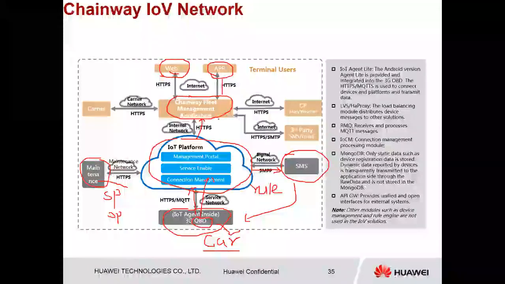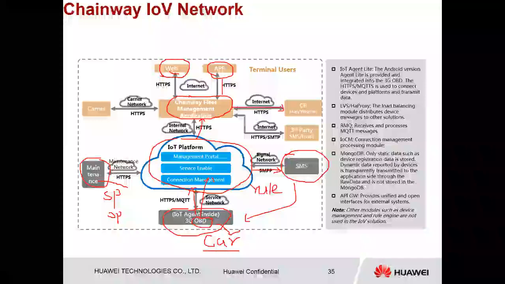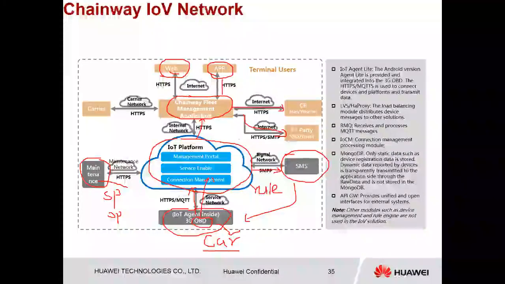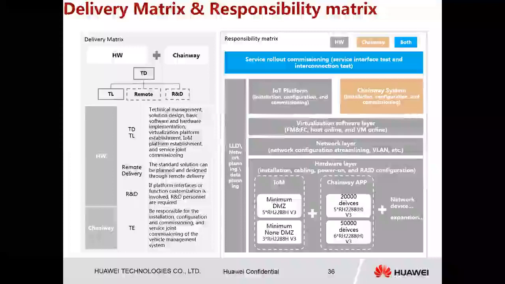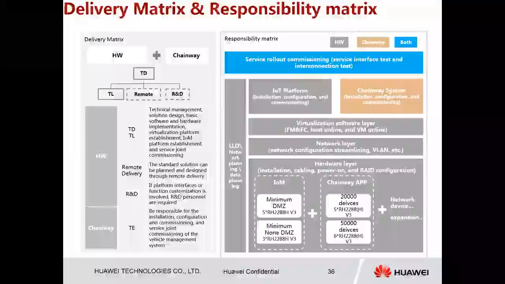It can also connect to content providers like the map and the weather, and it can connect to SMS and email. And this is the metrics and the responsibilities for the Chen Wei fleet management system delivery.